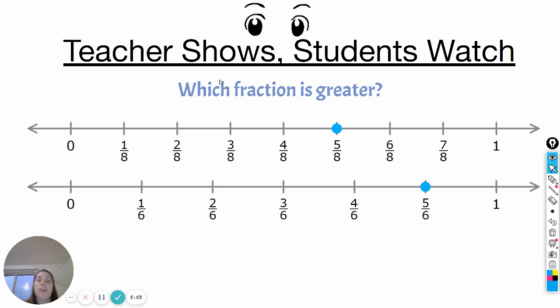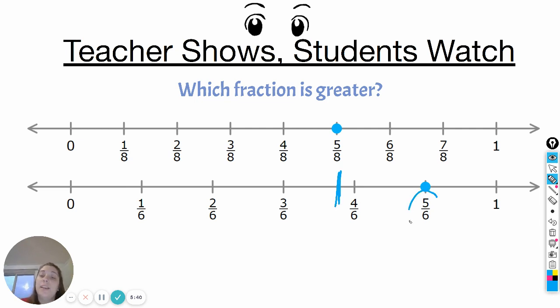Well, first let's notice that our question is now asking which fraction is greater. So we know the fraction closest to 0 is less. To find the fraction that is greater, we want the fraction that is farther away from 0, because that means that it is bigger. So which fraction is bigger? Well, if we look, 5/6 is farther away from 0 than 5/8. 5/8 only comes to about here on the sixth number line.